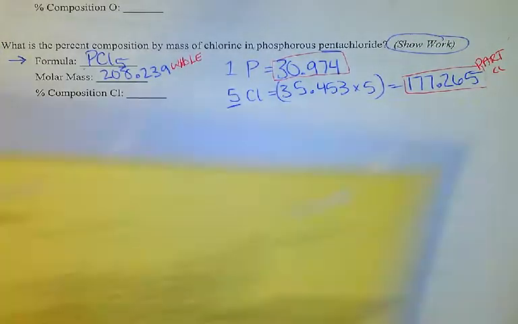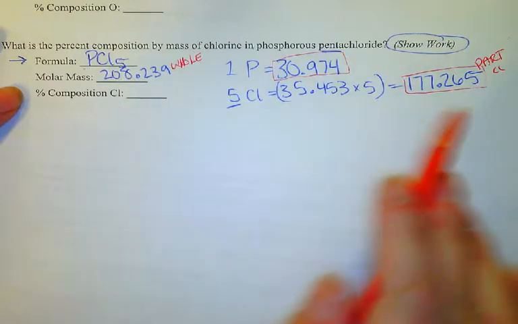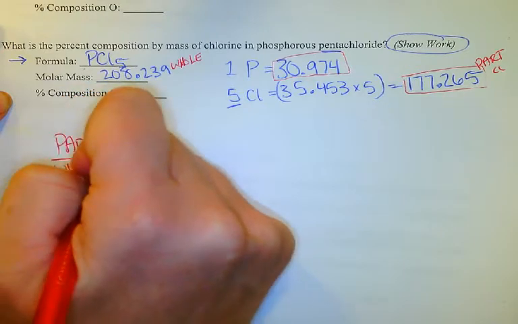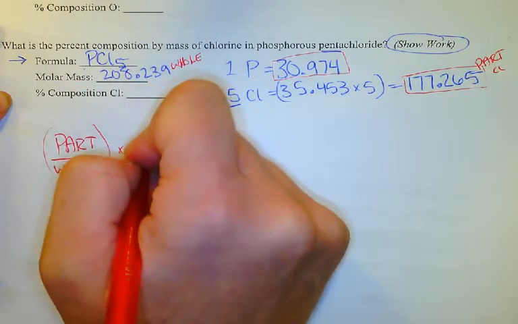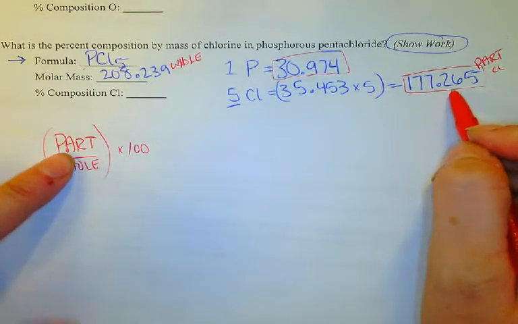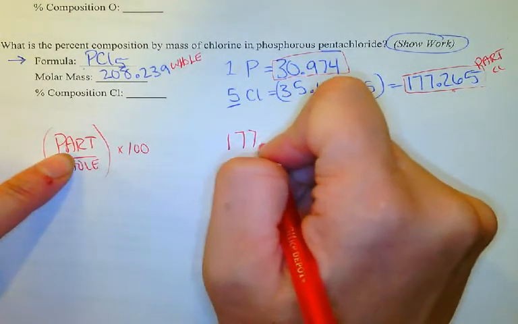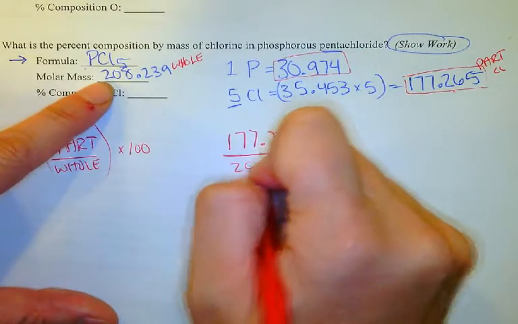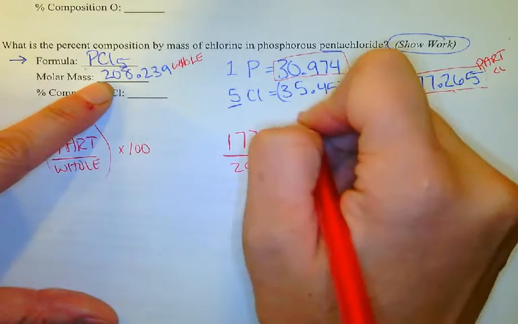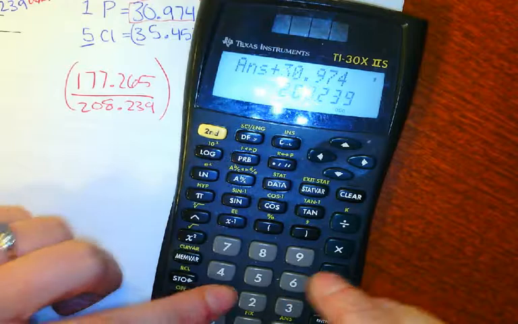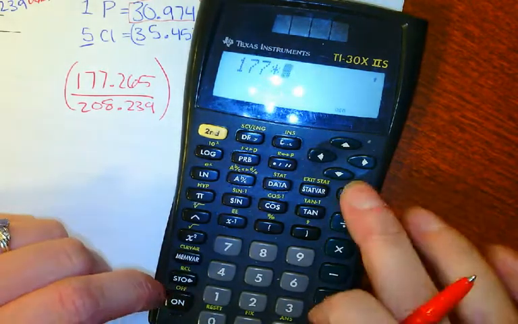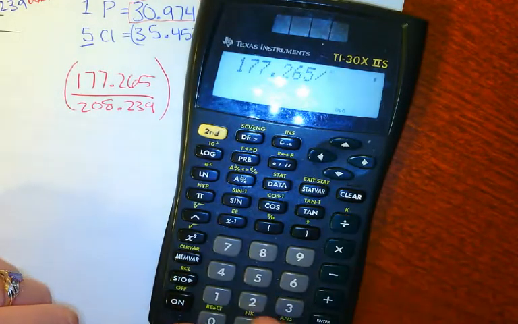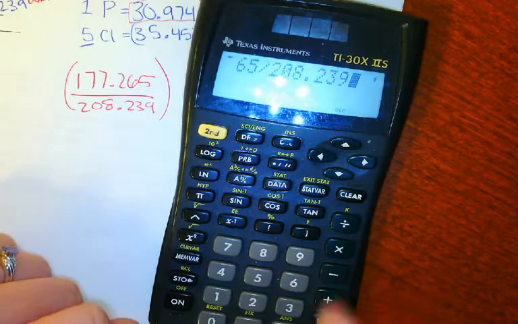To find the percent composition of chlorine, I want to take the part, that's chlorine, divided by the whole, times 100. So my part, that's chlorine, is the 5 chlorines, 177.265, divided by the whole thing, 208.239, and let's see what we get. 177.265 divided by 208.239.